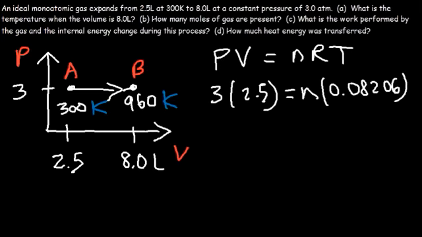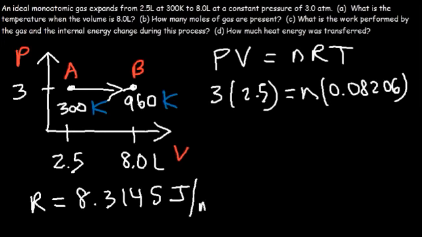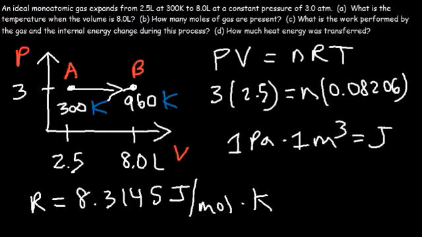Now the R value that you want to use in this equation is dependent on the units of P and V. There's two R values that you need to be aware of. You've seen this one, 8.3145 joules per mole per Kelvin. If you're going to use this R value, the pressure has to be in pascals and the volume has to be in cubic meters, because 1 pascal times 1 cubic meter is equal to a joule.